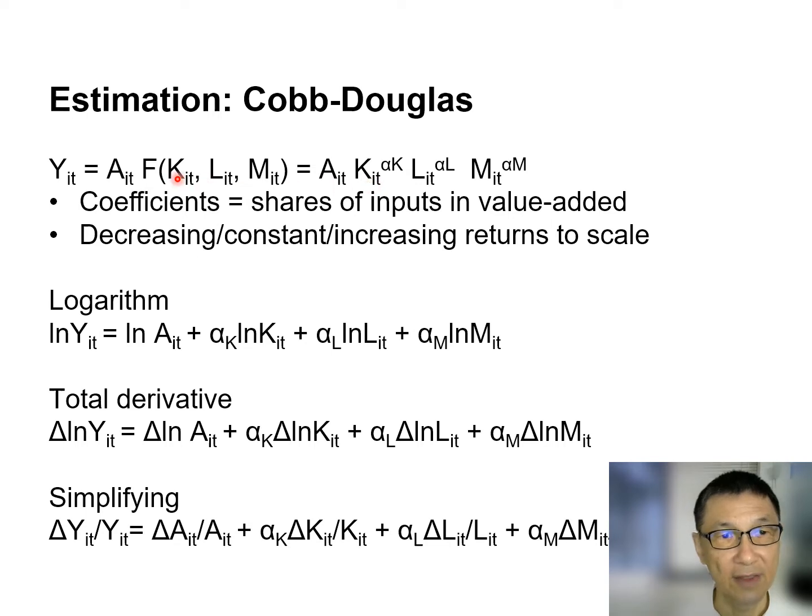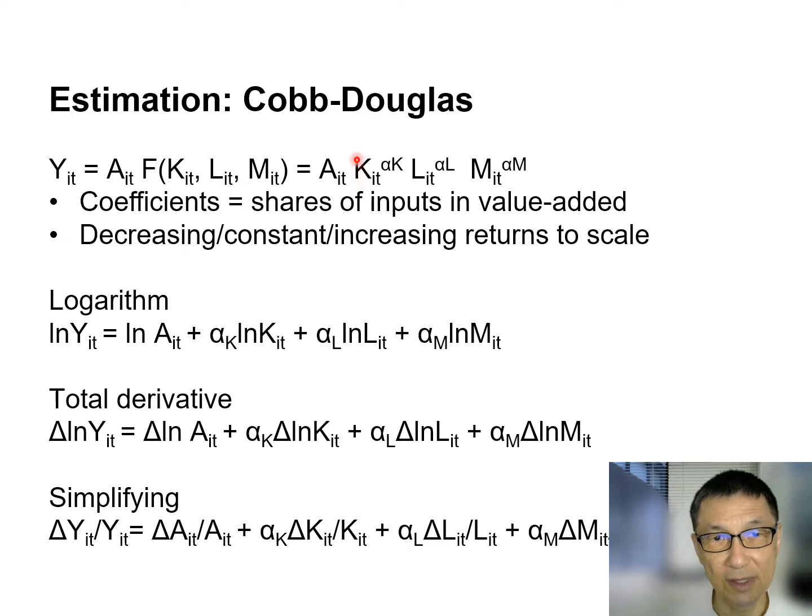It is that F of K, L, and M is expressed as K subscript it to the power alpha K, L subscript it to the power of alpha L, and M subscript it to the power of alpha M. This is the Cobb-Douglas functional form. And the coefficients, alpha K, alpha L, and alpha M, are the shares of the inputs in the value added.